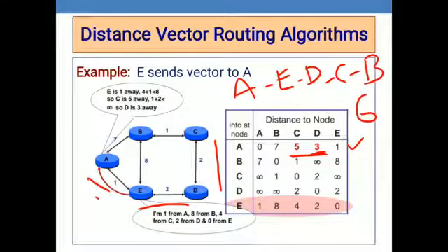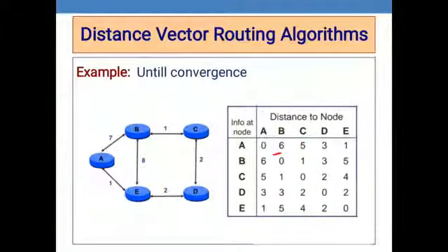But the direct link consists of 7. So what is the minimum value? Even though the direct link is there, through the other path the distance is much less, so that is the shortest distance. So without using the direct link, the distance from A to B is updated like this.